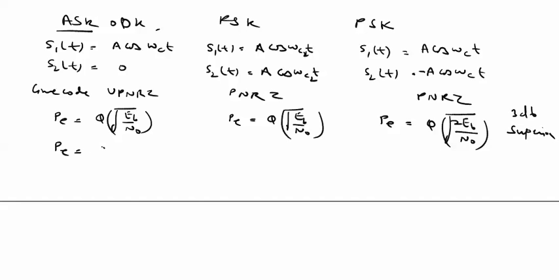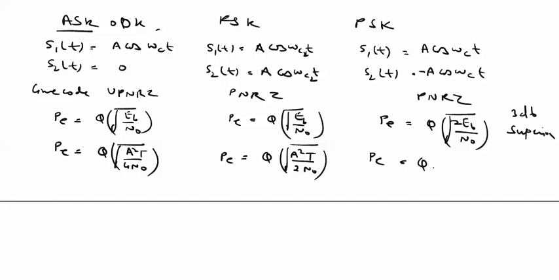In terms of magnitude and time duration, the expressions are A square T by 4 N naught, A square T by 2 N naught, and A square T by N naught.